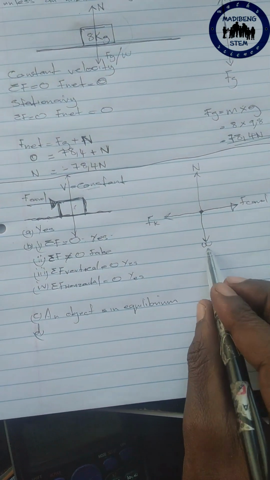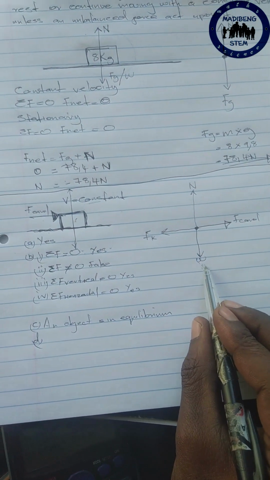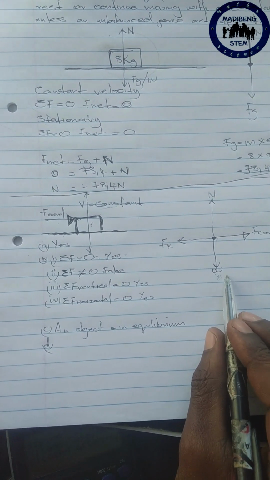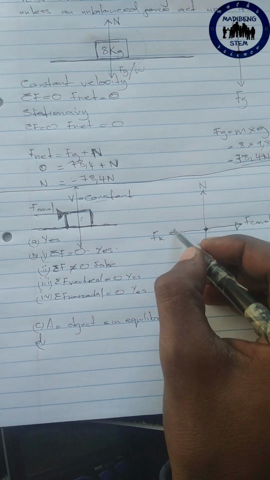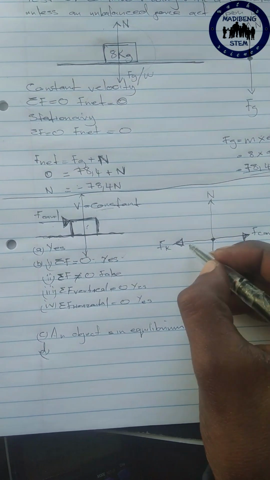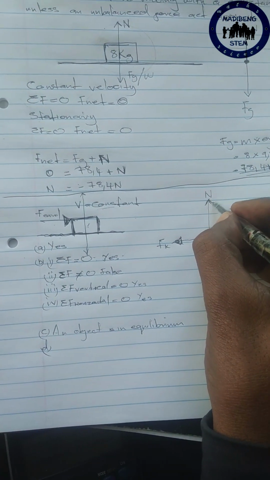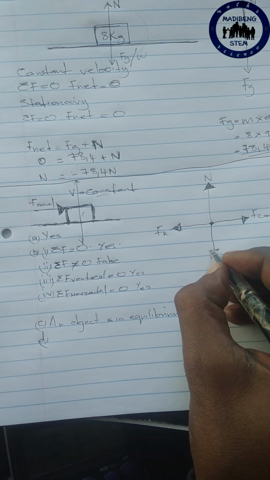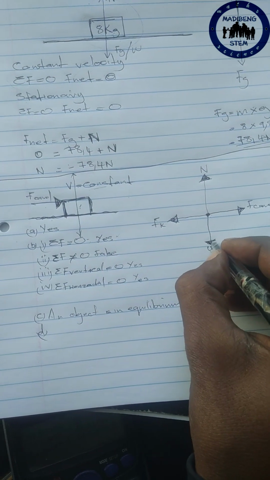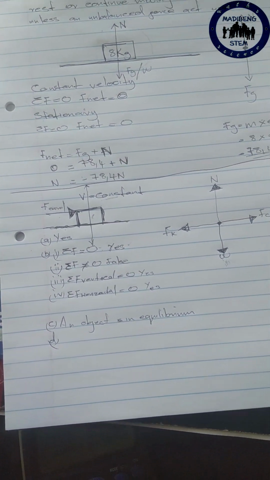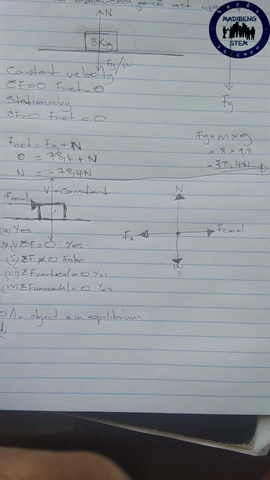This is our body diagram, guys. Remember, frictional force is always there, because it always resists motion. When something is moving, a frictional force will be there because it wants to stop that object from moving.